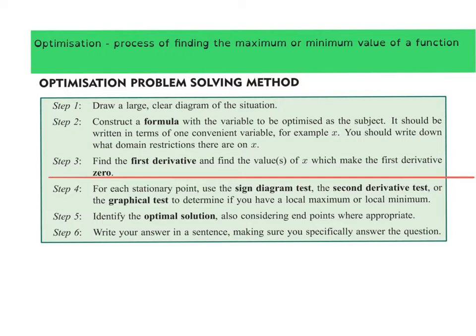Today I'm going to talk about optimization, which is pretty much the process of finding the maximum or minimum value of a function. In general, for example, if you own a business, you want to maximize the profit, not minimize it, so you're looking for variables that are affecting your business and that you can change to increase your profit.